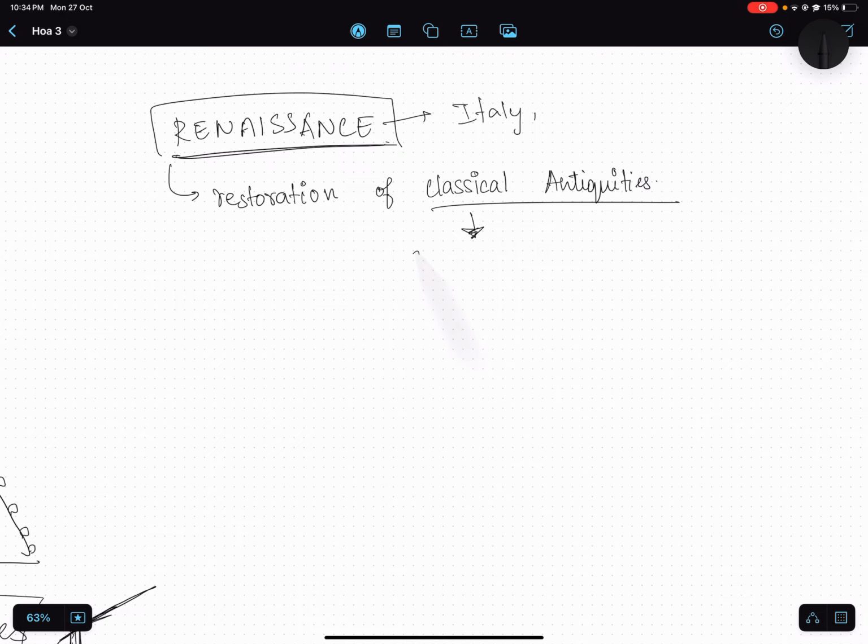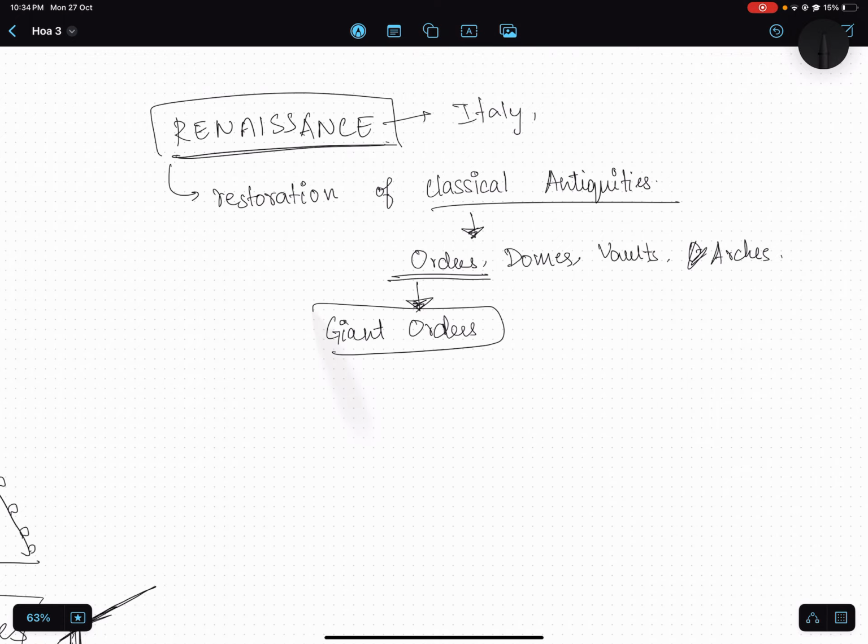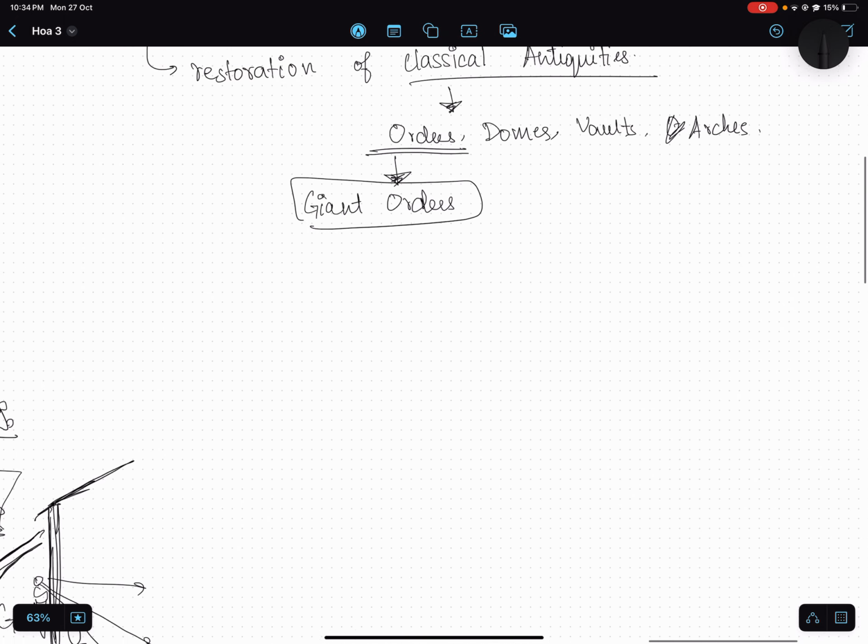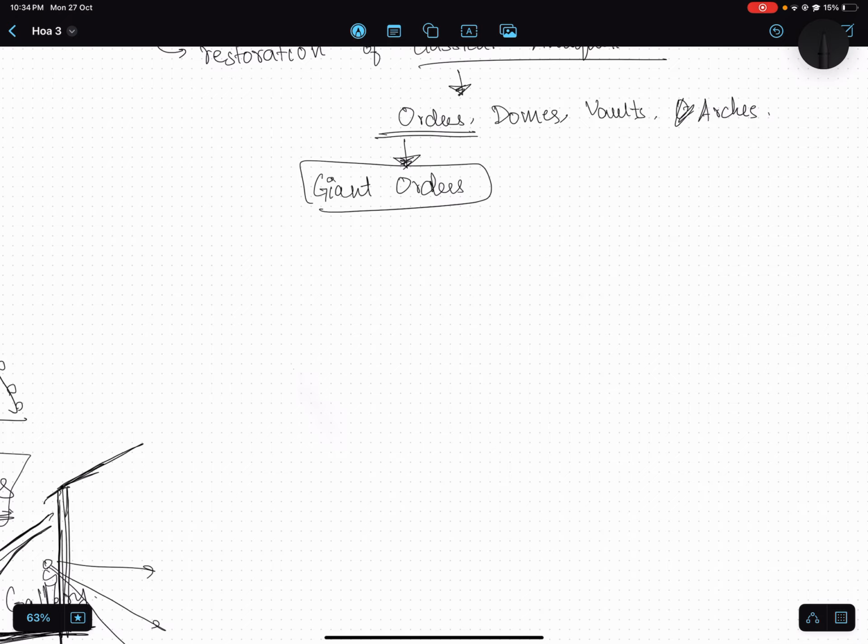They took the orders, the domes, the walls, arches, etc. And for orders, they used something called the giant orders, which is of course your basic Greek or Roman column, but they raised the height extremely, going up to two or three stories high.